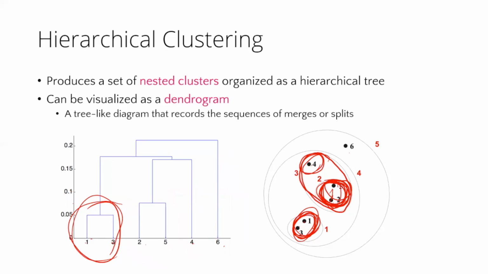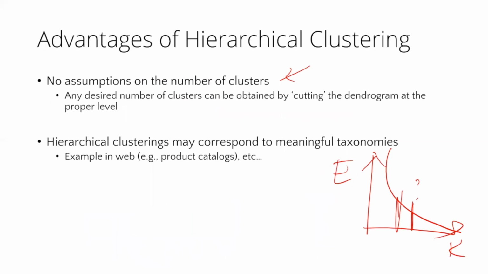So, having this dendrogram is actually very, very nice in terms of understanding what kind of cluster structures exist. Compared to k-means, which relies on some guesswork in terms of how many clusters there are, hierarchical clustering gives you a better idea and more scientific evidence in terms of what kind of structure exists in your data set.